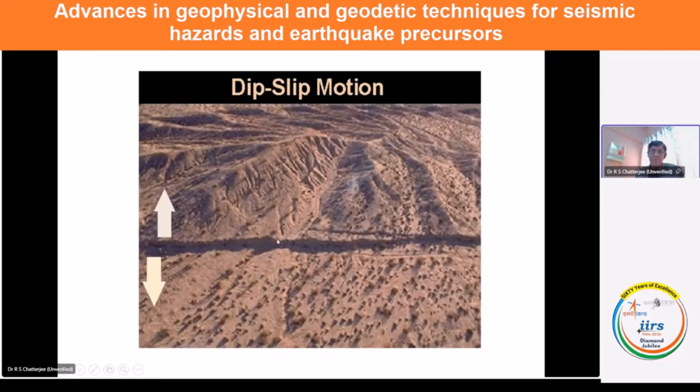What you see here is the triangular facet, and where is the offset in the ridges, you can see, isn't it? That is basically because of the deep slip fault.